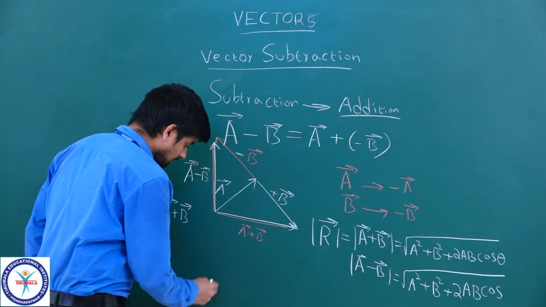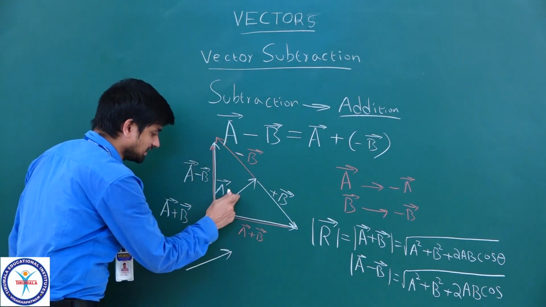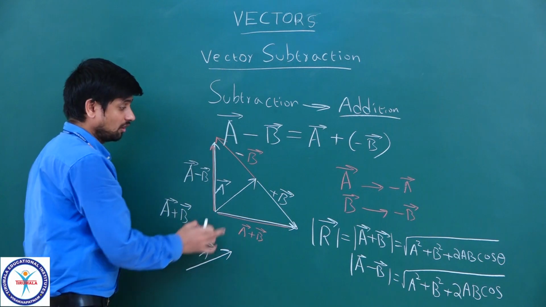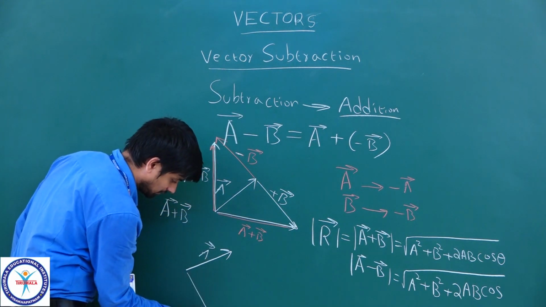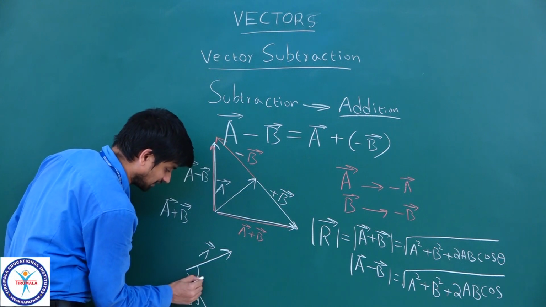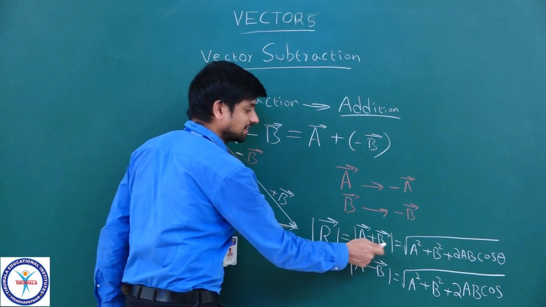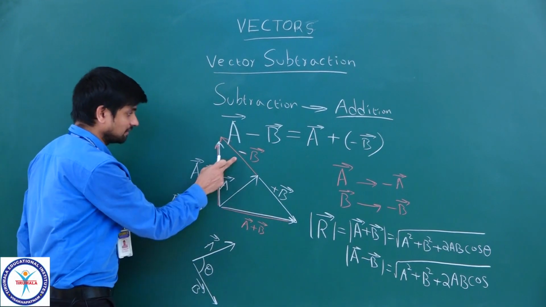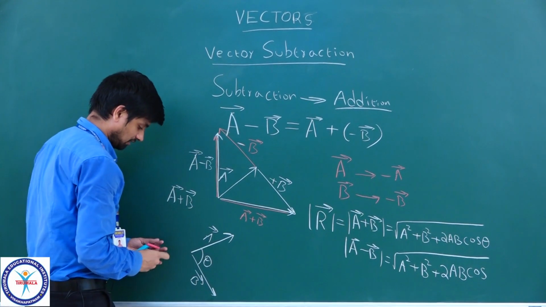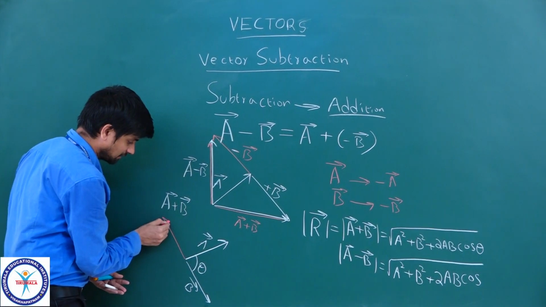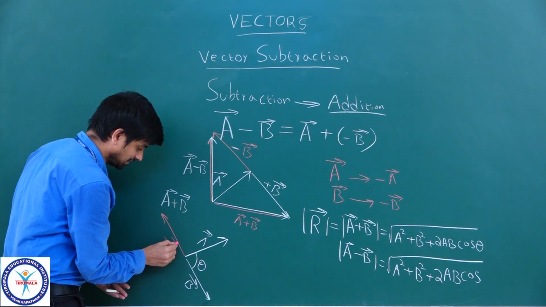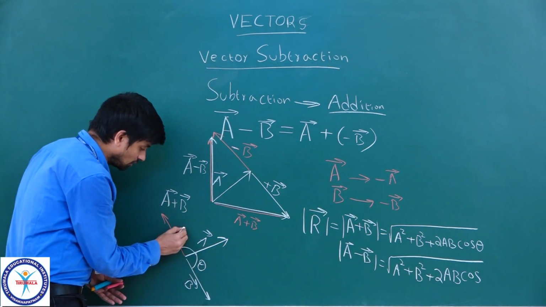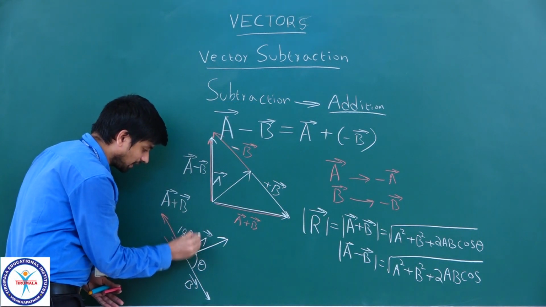See, children, this is A, right? This is B. To know the angle, what should I do? I should make them collinear. So, I am keeping B here. This is the theta to know the resultant A plus B. But what should I take here? Minus B. So, keep minus B here, same size. If this is theta, what is this one, children? 180 minus theta.